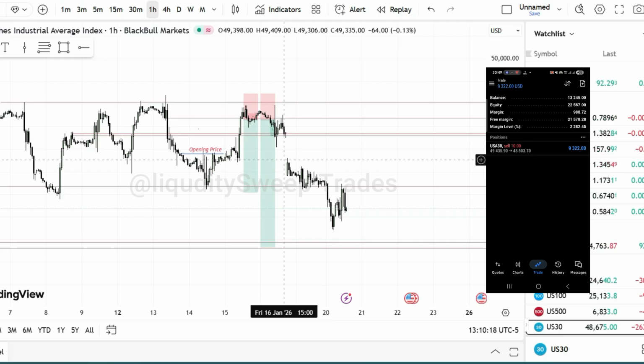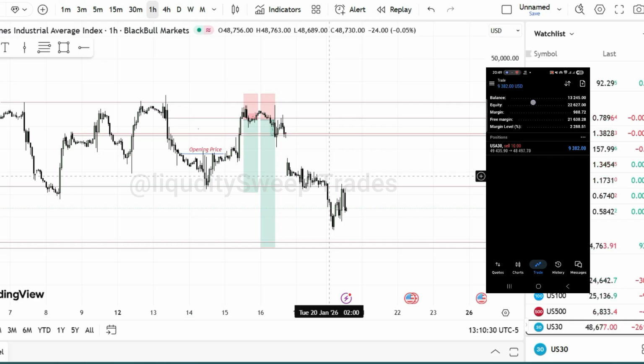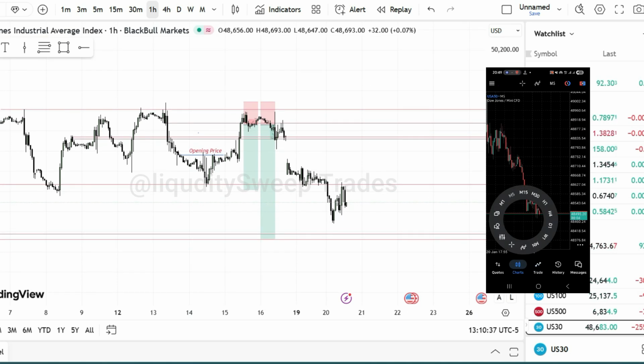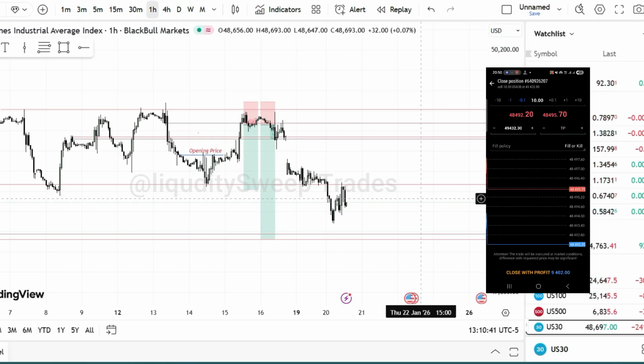That okay, if at all it hits your stop loss, you did the right thing. Markets can hit your stop loss anytime. You're not the one controlling the market, so at least you want to be very, very sure that whatever trade you are entering, it has to be a high probability trade, and that's the leverage you have in the market.